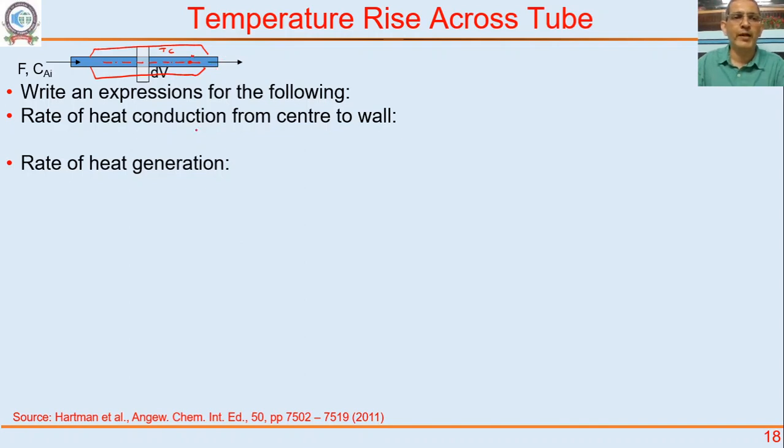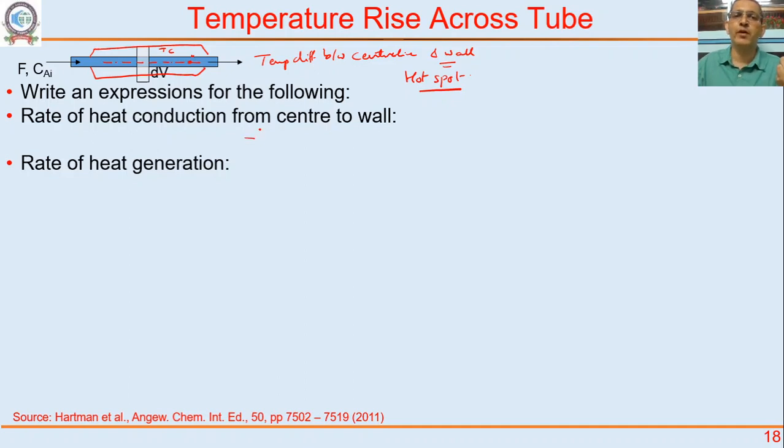So we want to find out this temperature difference between, let's say, center line and wall, because that is what is like a hotspot that is generated. You may have a catalyst here, you may have a reactant that may degrade at these hot conditions. What I want you to do is write the rate of heat conduction from center to wall.